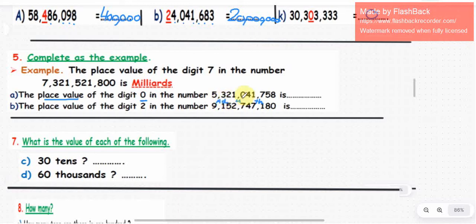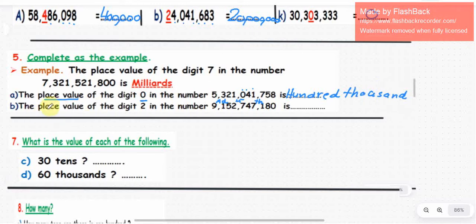So where is the 0? Here in the thousand family. So I count 1,000, 10,000, 100,000. So I'm going to write it by letters, hundred thousand, because he asked about place value.